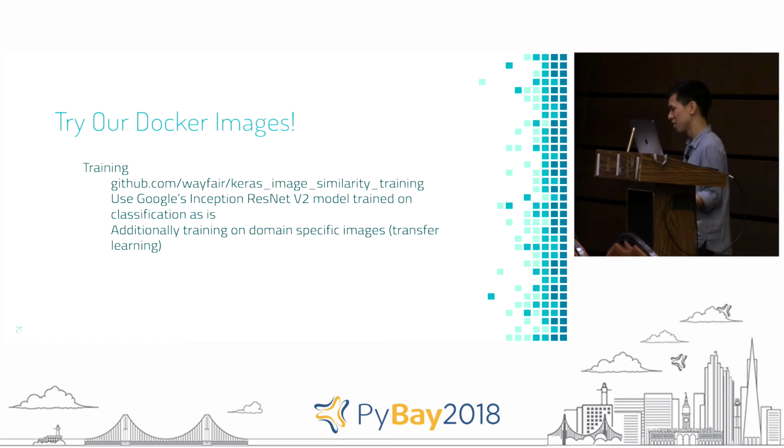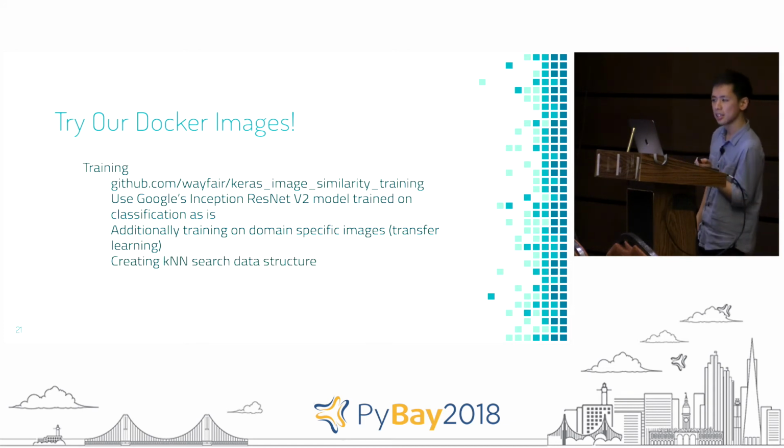But you can also additionally train on top of that model, to fine-tune it to work the best in how you believe your users will use it. So if you're building a model to just search dog breeds, then you probably want to train it on all dogs. And this repo will also allow you to create those fast KNN structures that I talked about.